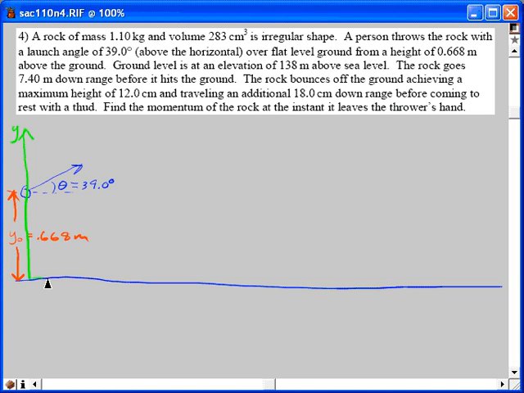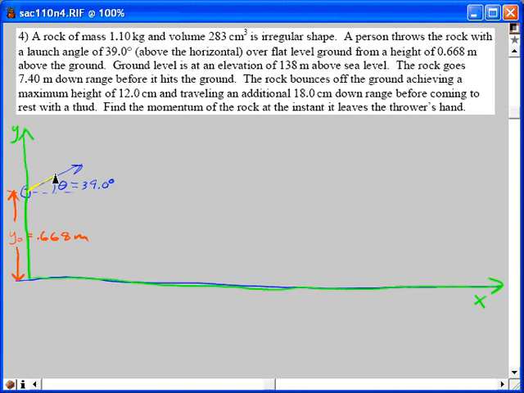And this blue line represents the x-axis with positive to the right. So it starts out at x equal to 0 and y equal to y0 of 0.668 meters. Alright, let's see. It goes downrange a distance of 7.4 meters.